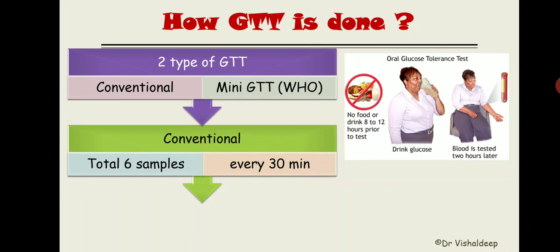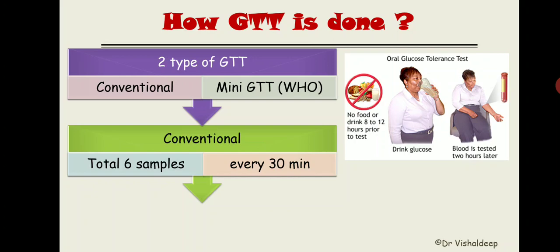So ultimately in conventional GTT, you have to prick 7 times. It is painful, right? And the 7th one is the fasting blood glucose.